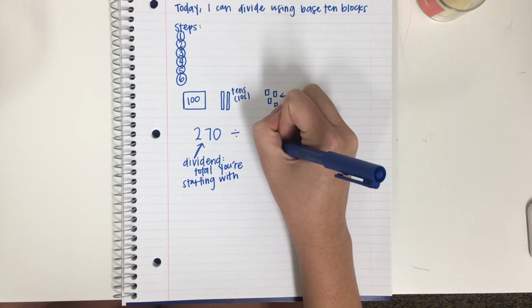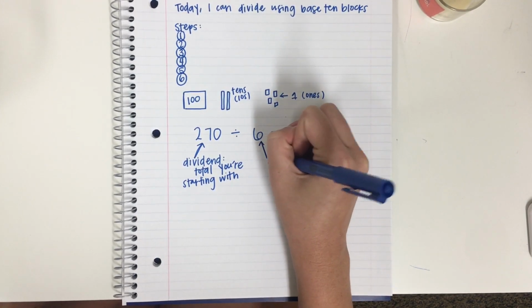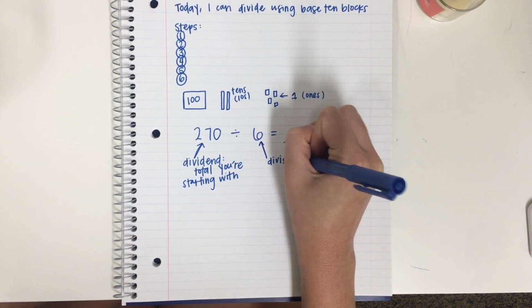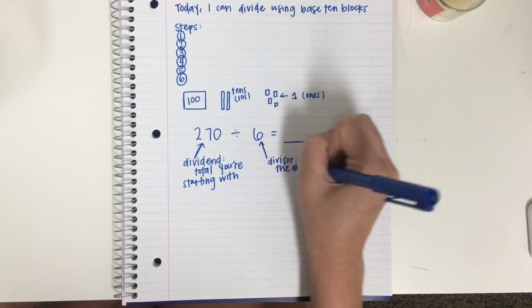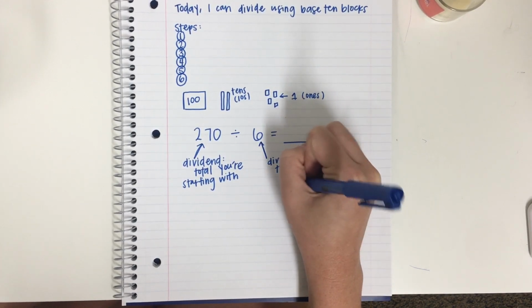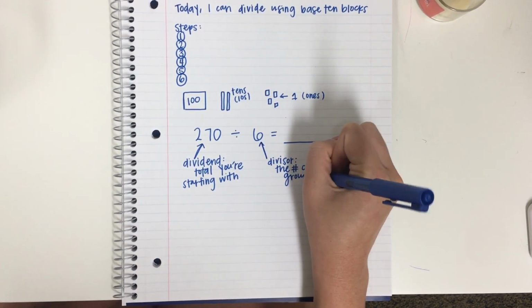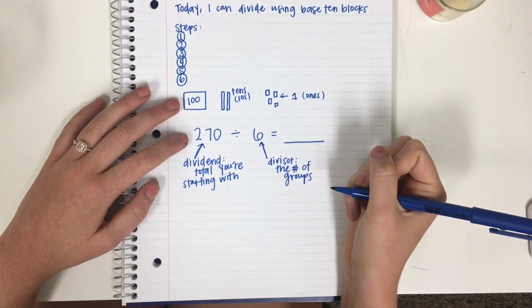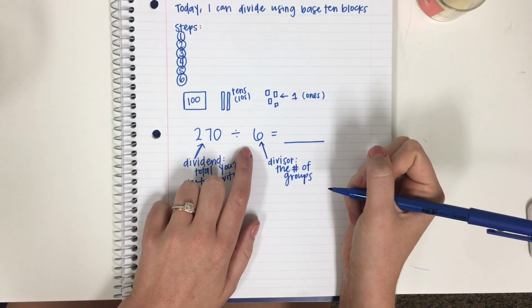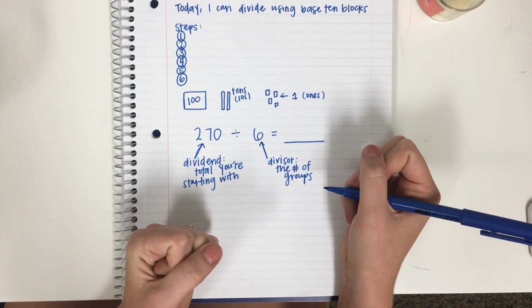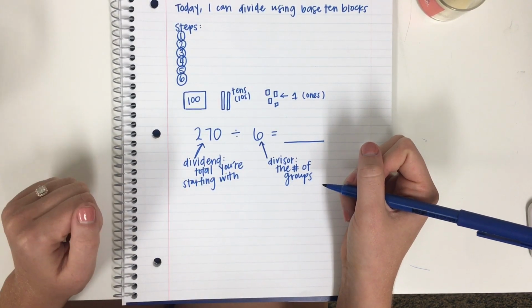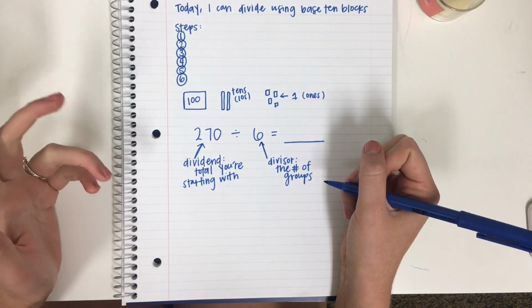Then you have your 6. This is called our divisor. This is the number of groups. So you have your whole number, which is your dividend, and you want to divide it into groups of 6. So you want to take 270, divide it by 6, and figure out how many are in each group, or what is your quotient.